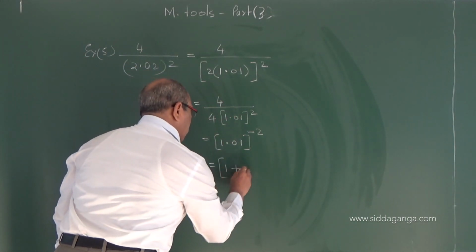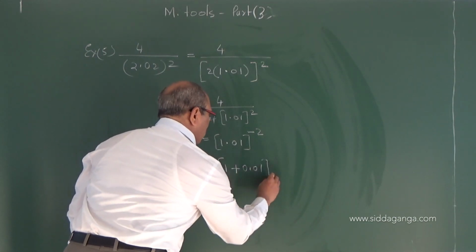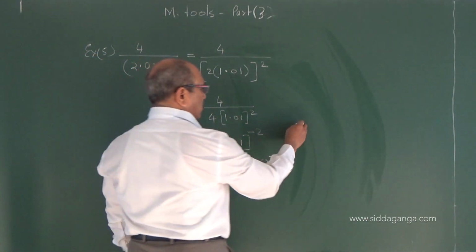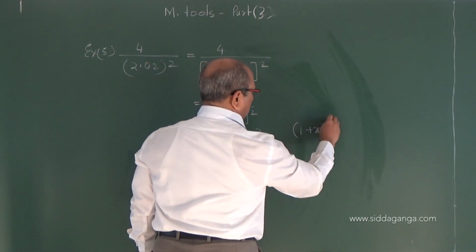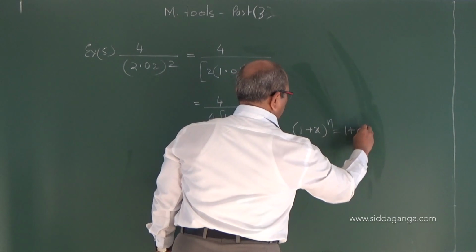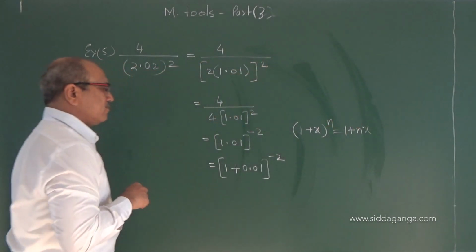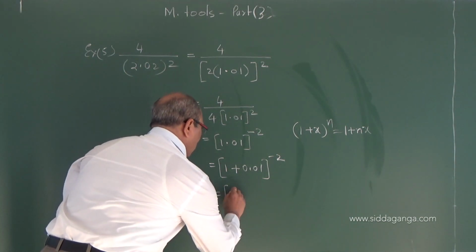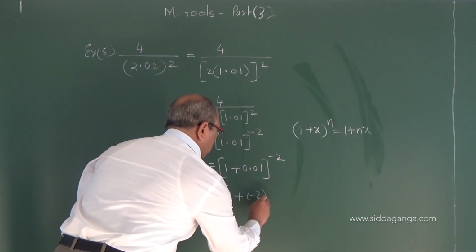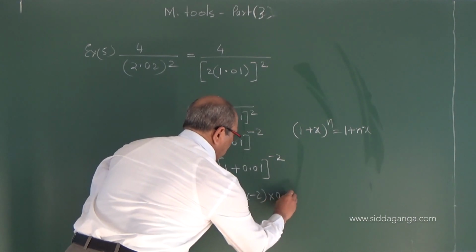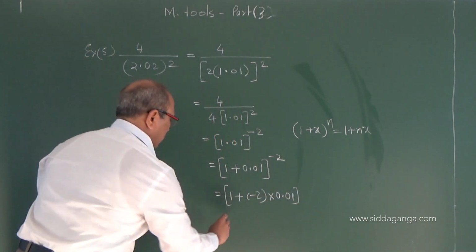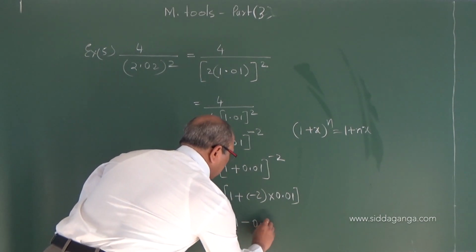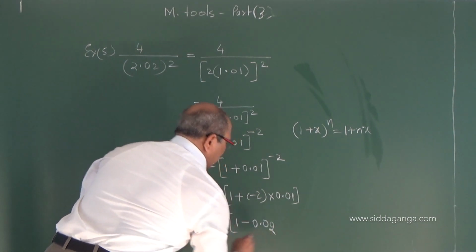Split this as 1 plus 0.01 to the power of minus 2. According to our binomial expression, 1 plus x to the power n is equal to 1 plus nx. What you will get now is 1 plus minus 2 into 0.01. This leads to 1 minus 0.02.